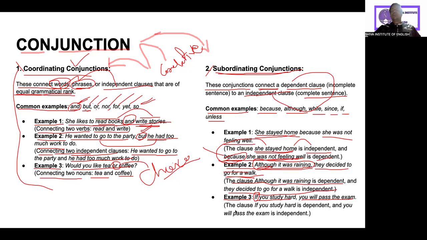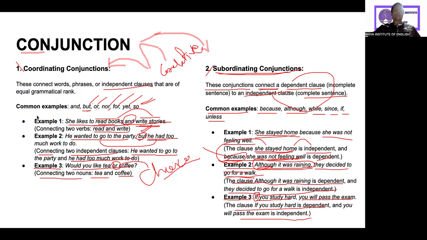When joined together, they create complete information, or a conditional sentence, where the condition applies. Am I clear on this? Yes, sir. Okay, fine.